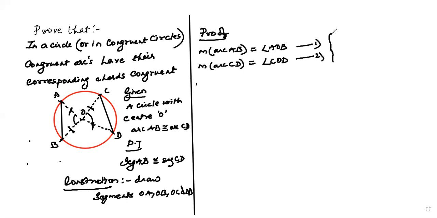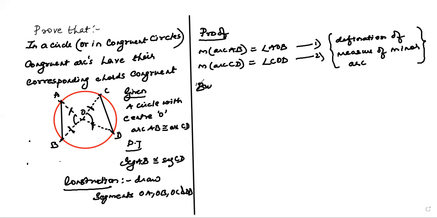The reason for that statement: the measure of a minor arc is equal to the measure of its corresponding central angle. This is called the definition of measure of minor arc. Okay, children? But don't you agree?